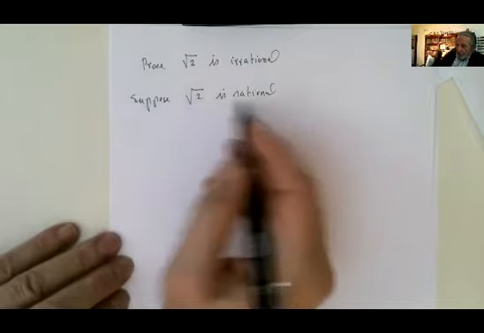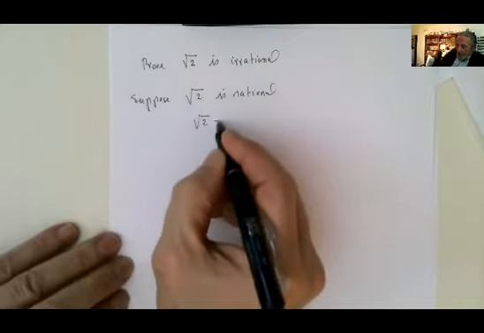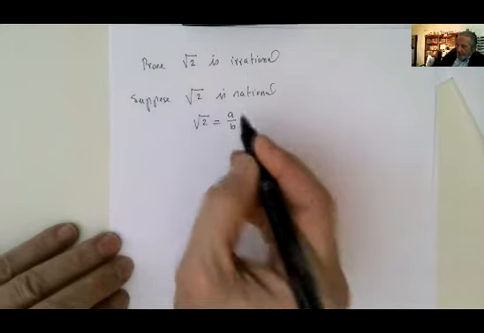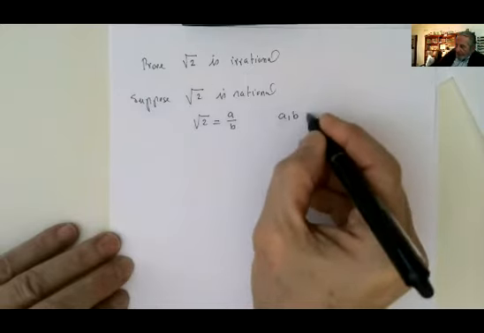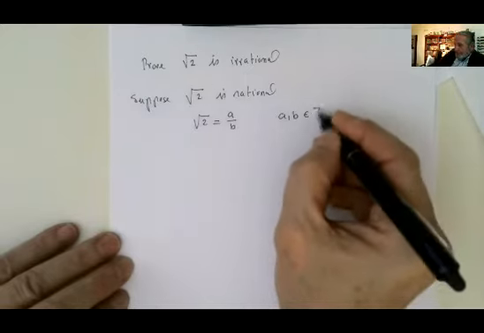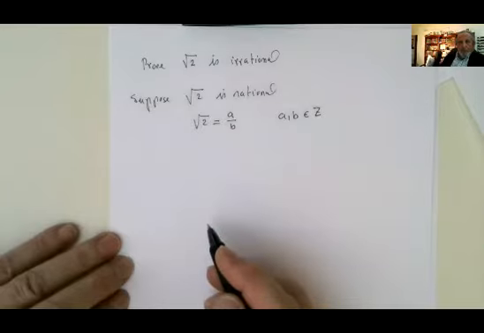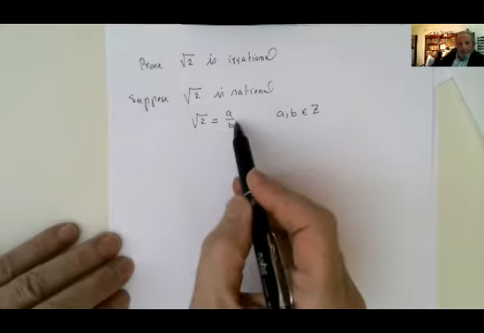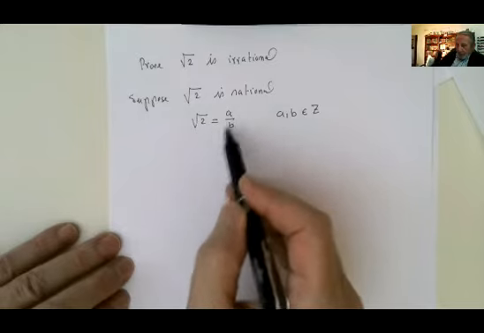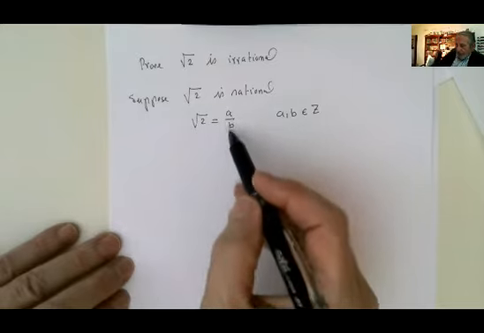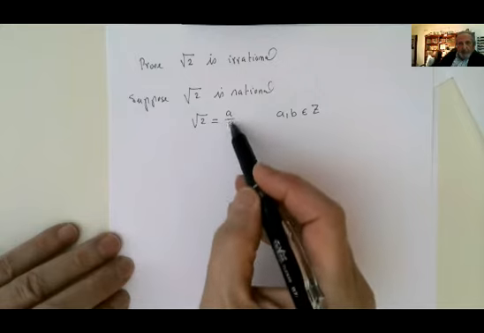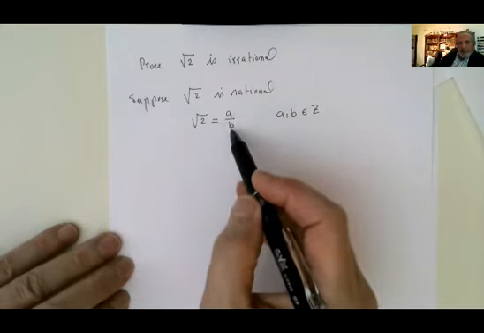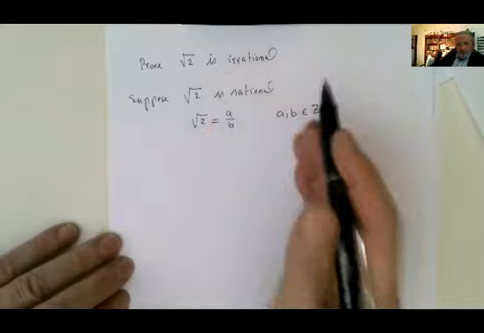So suppose square root of 2 is rational, then square root of 2 is of the form a over b, where a, b are integers. And I'm going to assume that it's in its reduced form. So a and b cannot both be divisible by 2. Otherwise, I reduce the fraction.